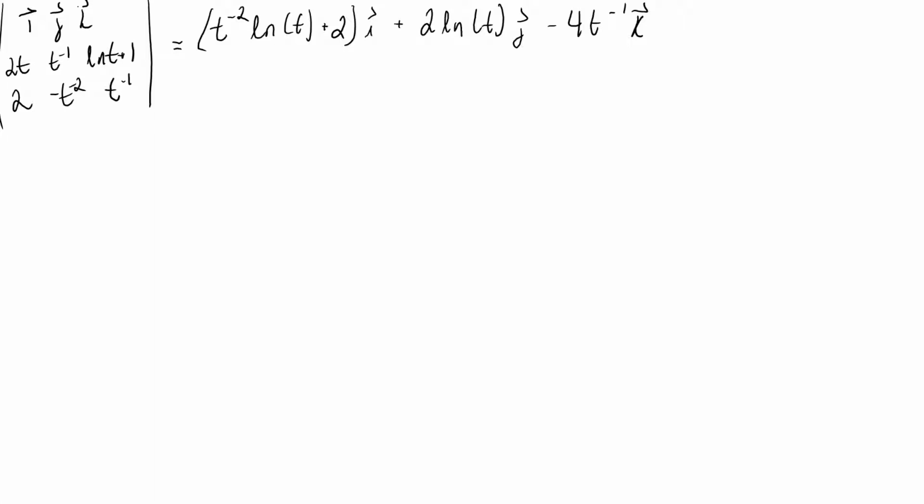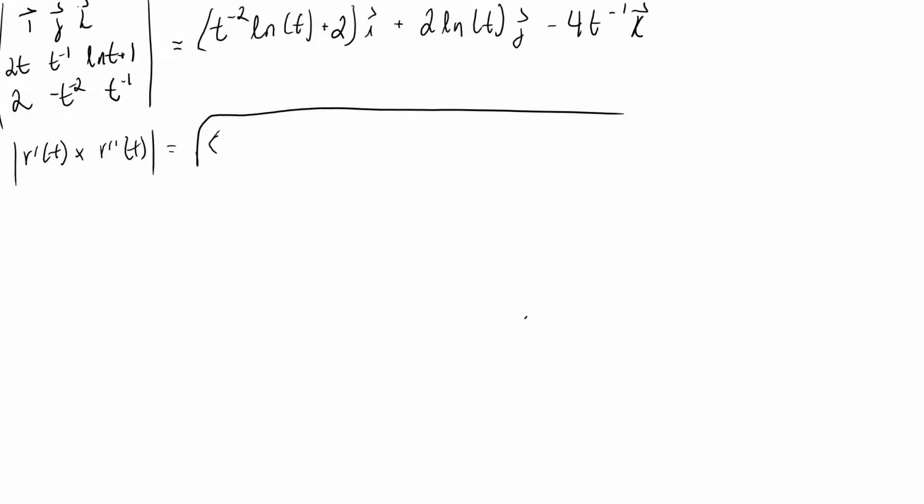Now we need to find its magnitude, so again, r prime cross r double prime. We're just going to go ahead and take the magnitude, so we're going to do t to the negative 1 times (ln t plus 2), the whole thing squared, plus 2 ln t squared, plus 4 t to the negative first squared.